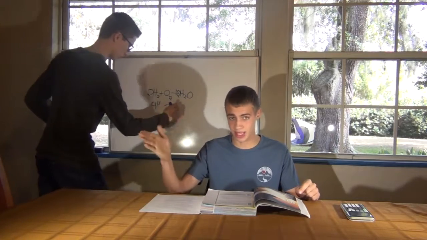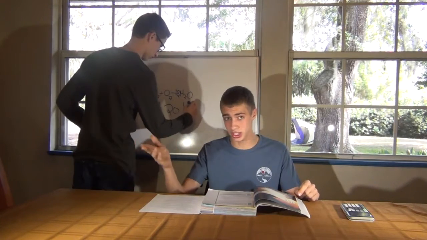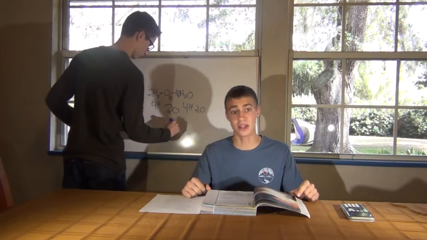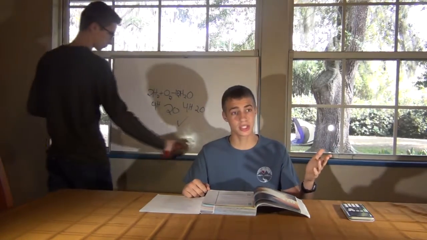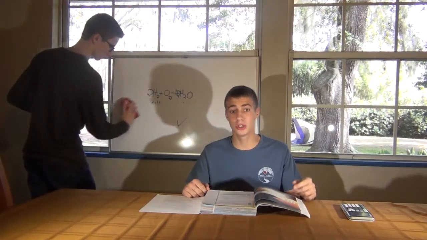And when you notice this, you're going to see 4 hydrogen atoms on the left side of the equation, 2 oxygen atoms on the left side of the equation, and then on the other side, 2 H2O's. And that's going to be 2 oxygens, and then 2 H2s, so 4 hydrogens. Boom, it's balanced. And we'll talk a little bit more about the nitty-gritty of how to balance these equations later.